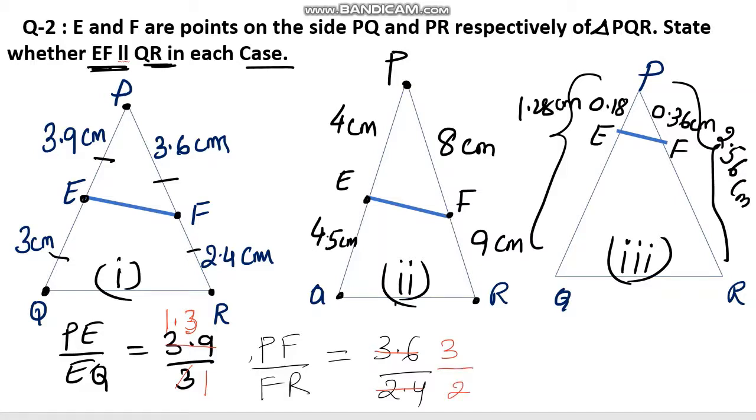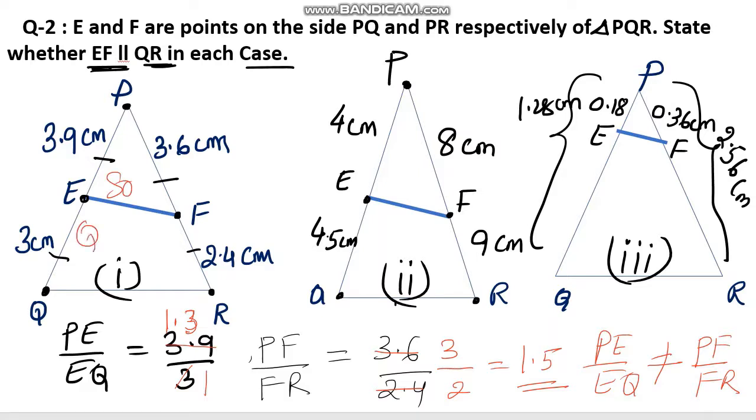So 3 by 2 is 1.5. So both the ratios are not equal. PE by EQ is not equal to PF by FR in case 1. So here QR is not parallel to EF.